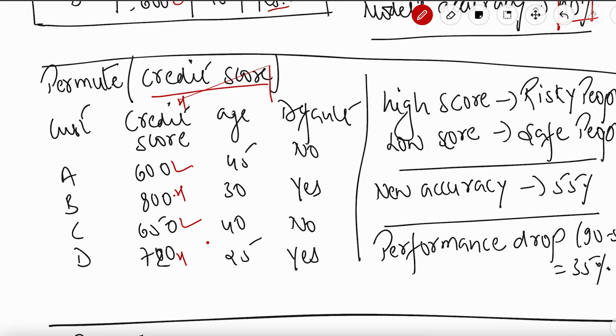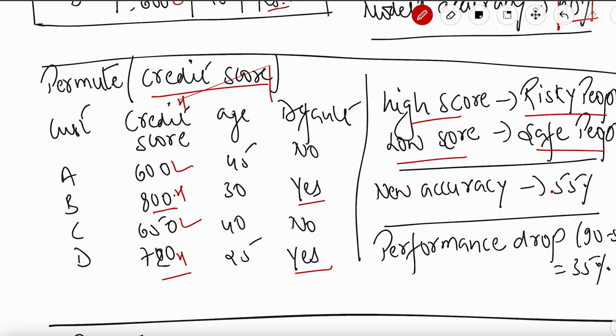Okay, so now what happens? If you see, higher credit score is having default yes, higher credit score is having default yes. So customers with high score are now marked as risky in the prediction, and people with lower score are marked as safe.